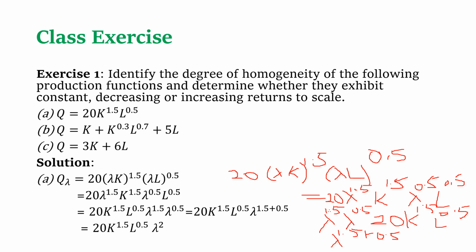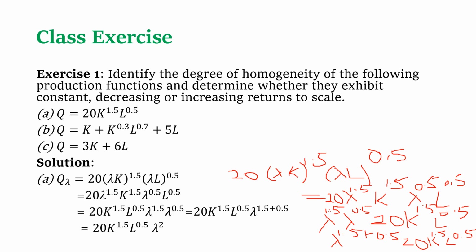Just add the exponent, since all these indices are the same, right? So you have these values are the same, lambda, lambda. So just add the exponent, okay? Then we have our 20 here, and k to the 1.5, and then L to the 0.5. There we go.